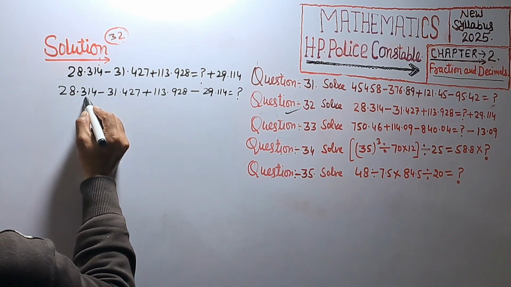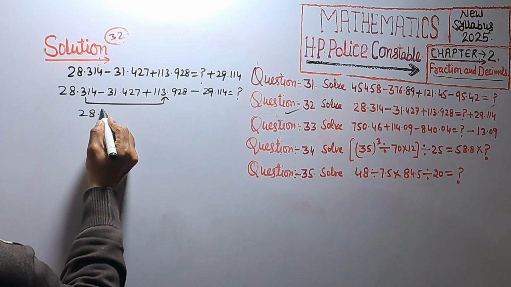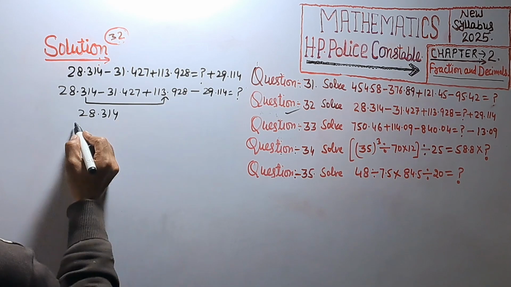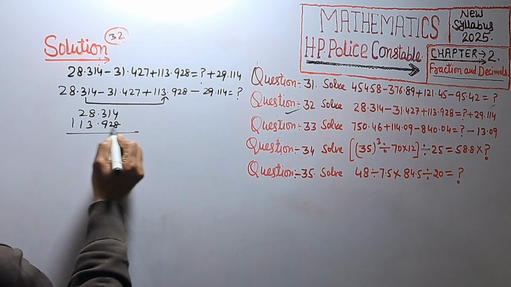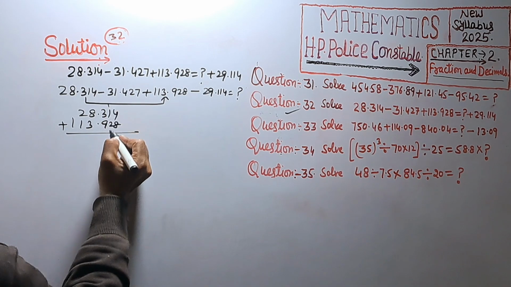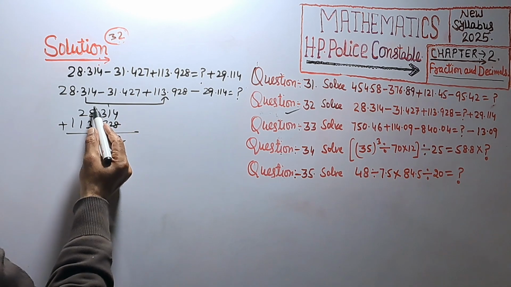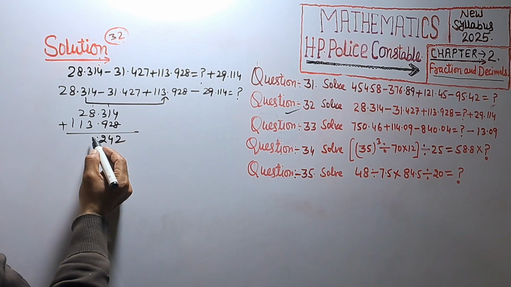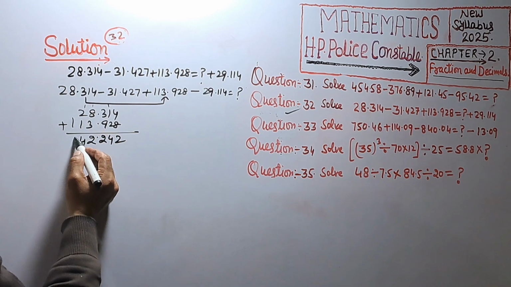Positive number, first of all we are adding positive number, that is 28.314 and 113.928, and their sum is 8 plus 4 12, 1 carry 4, 9 plus 3 12, 1 carry 8 plus 1 9 plus 3 12, 1 carry 4 1.